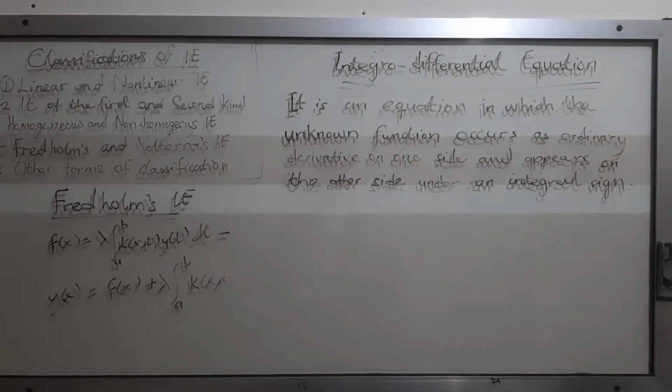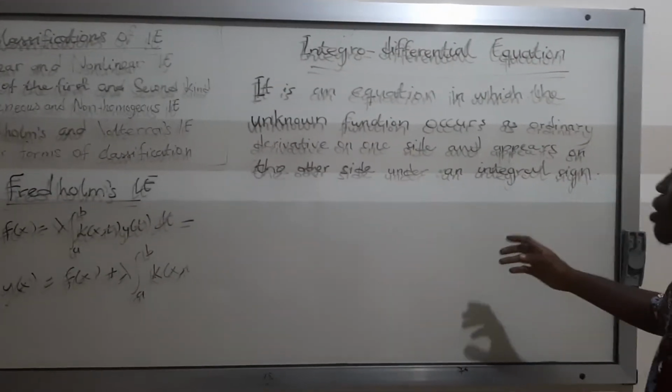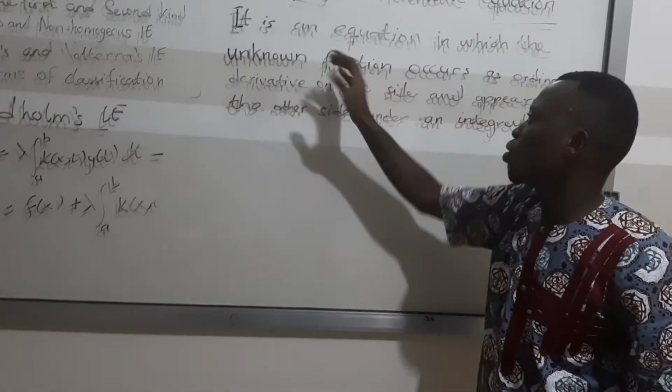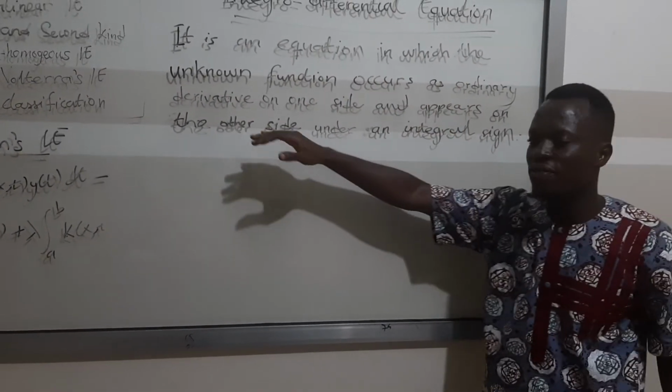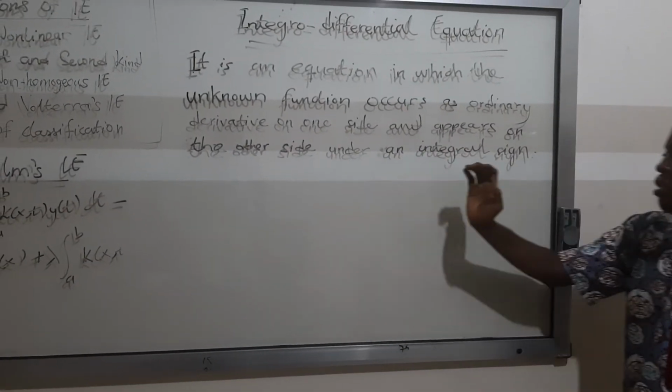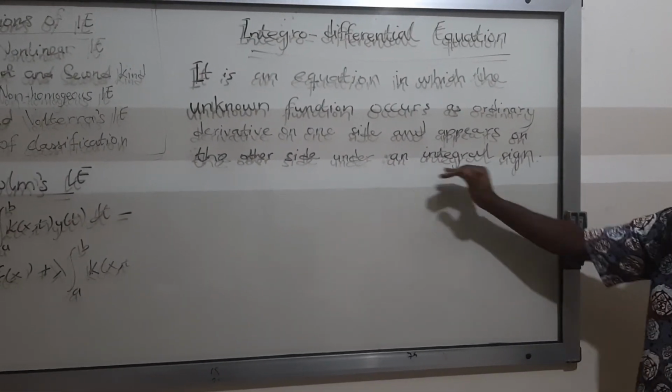The definition says that an integro-differential equation is an equation in which the unknown function occurs as an ordinary derivative on one side and appears on the other side under an integral sign.